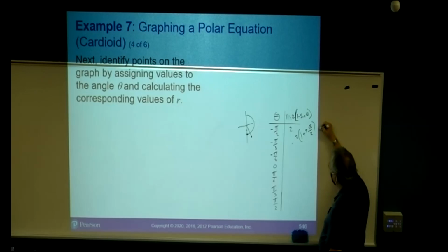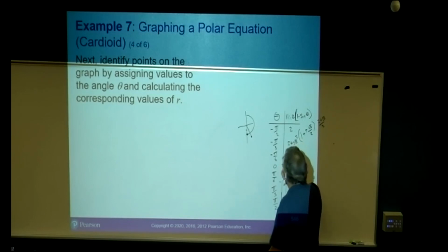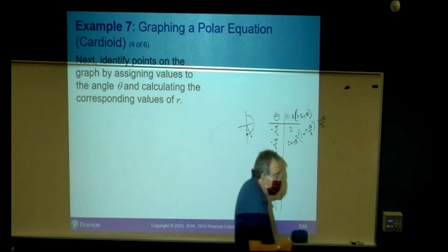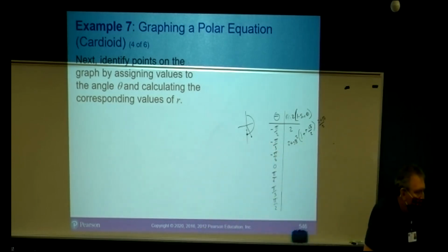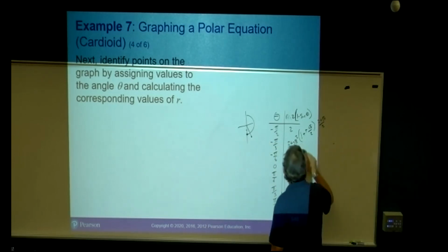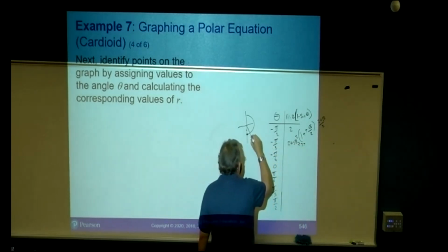And so that's going to be 2 plus the square root of 3 over 2, which becomes 2 plus the square root of 3. Which is a little bit past 3. Okay, yeah, and they punched it into the calculator and got approximately 3.7. So it goes a little bit further than that. It's almost a 4.